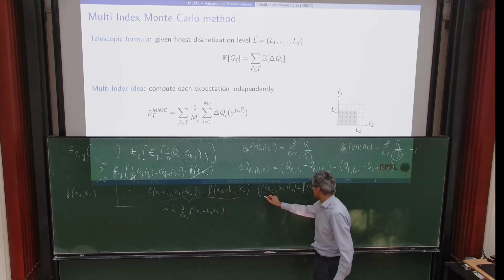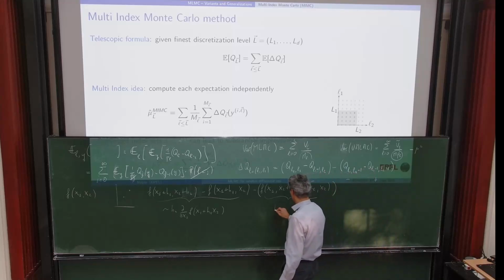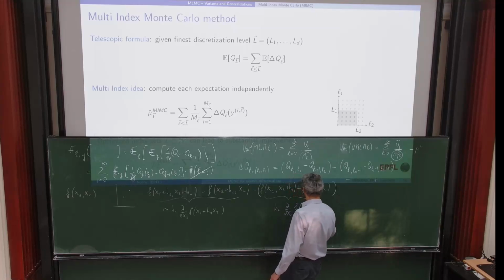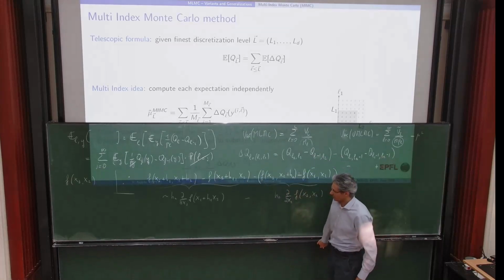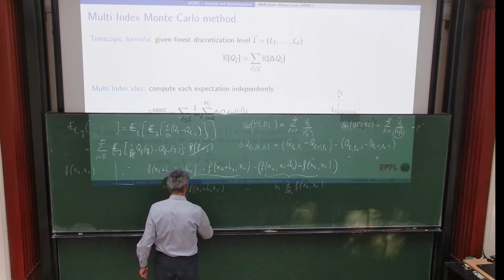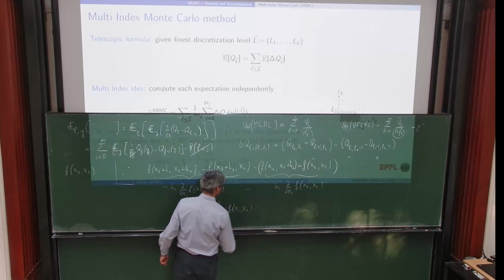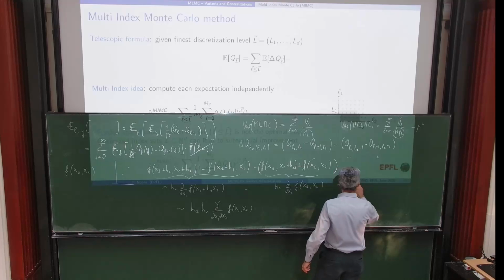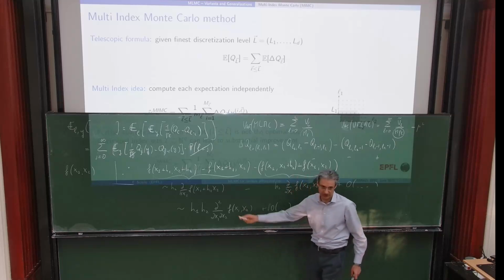It is also a single difference in h2, so again it's like h2 times the derivative in x2 of f evaluated at x1, x2. And now I'm taking the difference of those two objects. So in this case it's like h1 h2 times the second derivative in x1, x2 of f evaluated at x1, x2. There is of course a plus everywhere. The even order is this one.